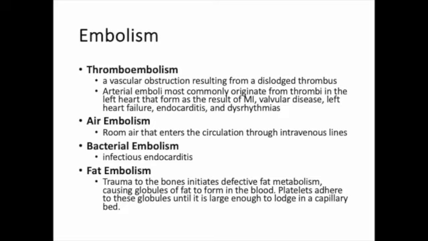So pulmonary emboli will originate in the venous circulation, mostly from deep vein thrombosis of the legs, or it can be lodged from the right side of the heart, whereas arterial emboli commonly originate from the left side of the heart, and it's a result of a myocardial infarction, some type of valvular disease, left heart failure, endocarditis, or a dysrhythmia like AFib. So it's also important to understand the difference between the right and the left side.